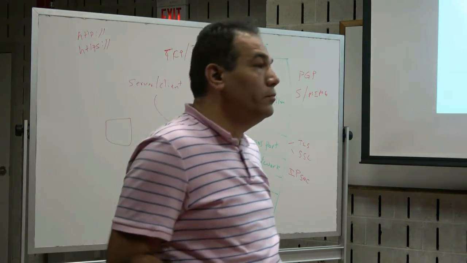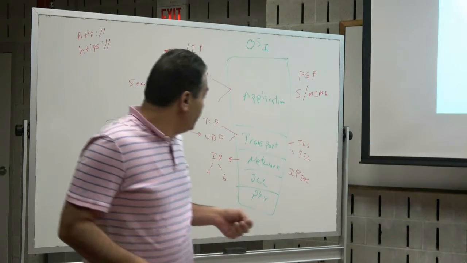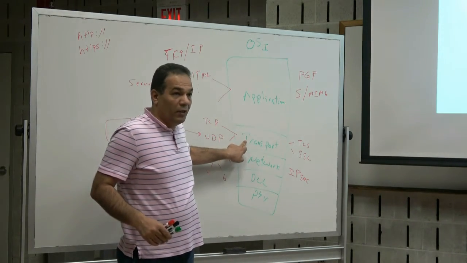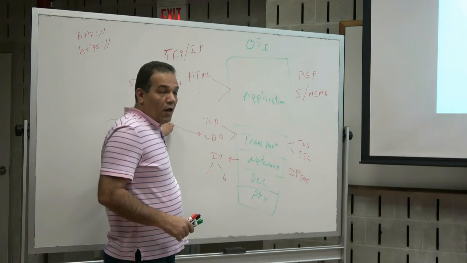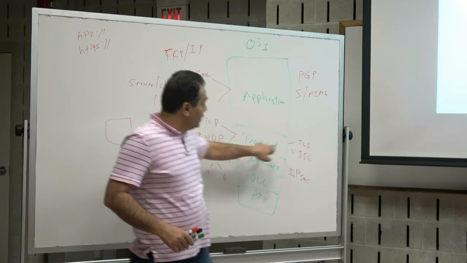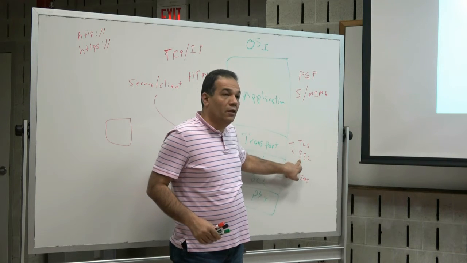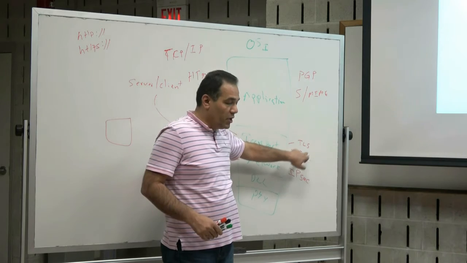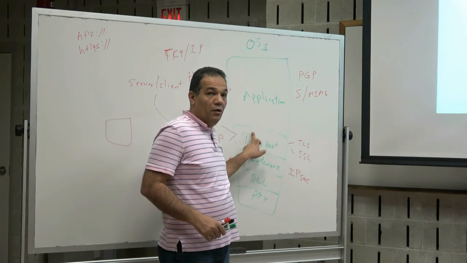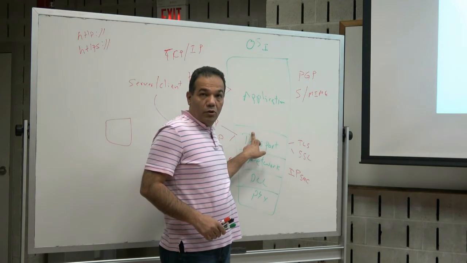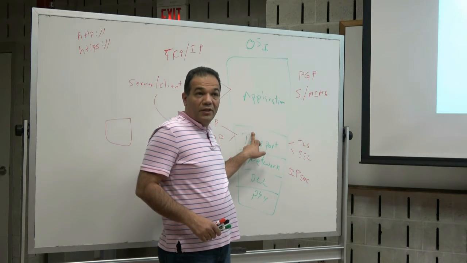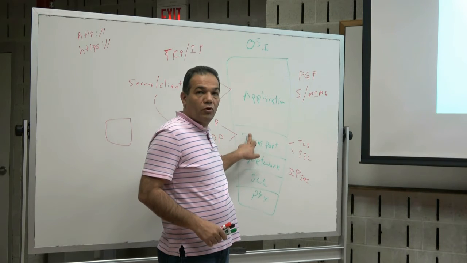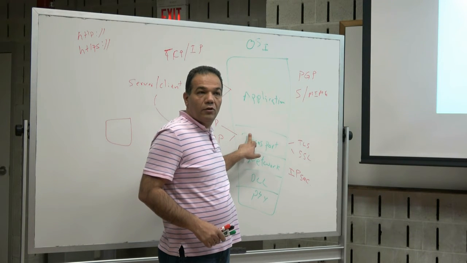Actually, one reason is that not all the applications that we run are client-server applications. That's what I mentioned. The other reason is that TLS and SSL depend on using TCP, which is a connection-oriented protocol. But do we always use connection-oriented protocols in the transport layer?